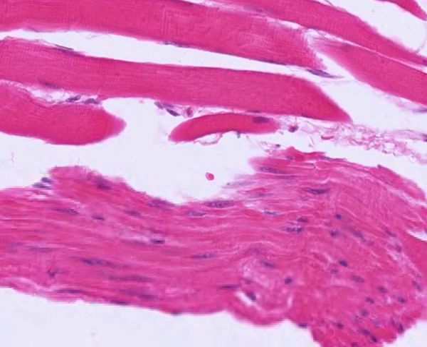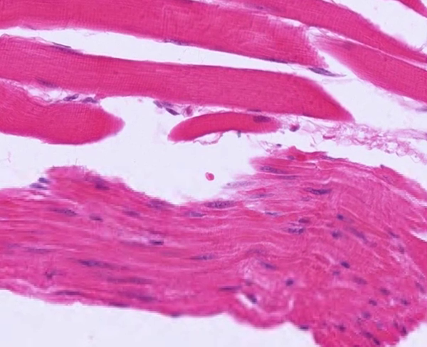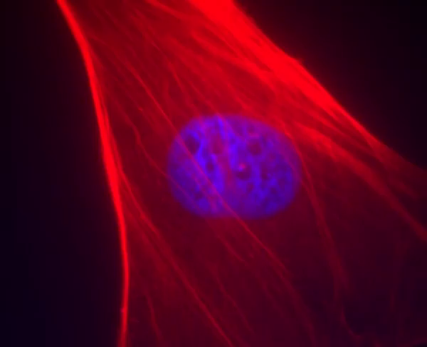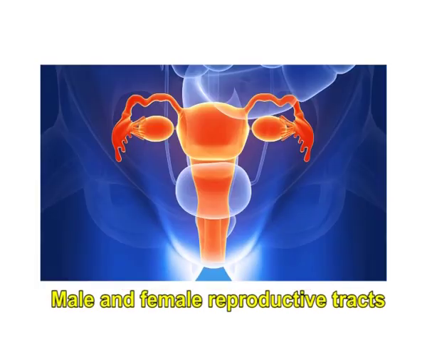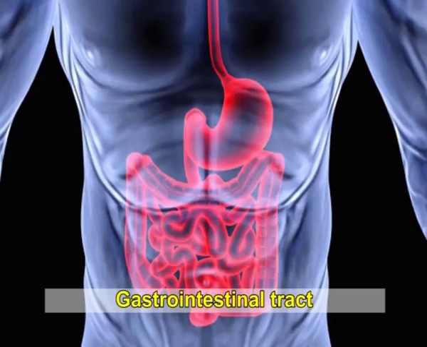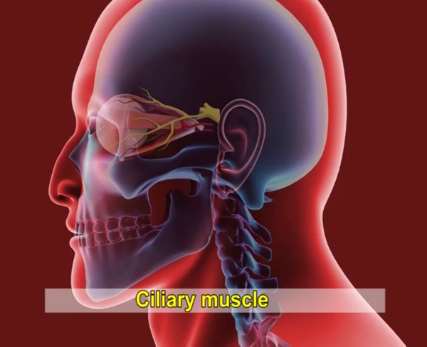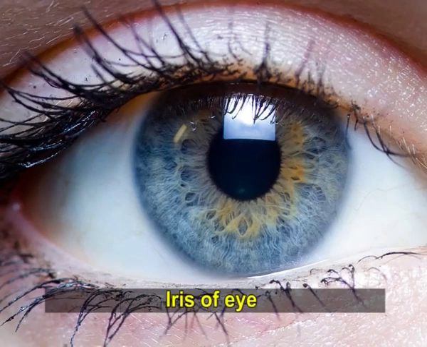They allow for fine, controlled and gradual responses. Smooth muscle is found within the walls of blood vessels, arteries, arterioles and veins, male and female reproductive tracts, gastrointestinal tract, respiratory tract, the ciliary muscles and iris of the eye.